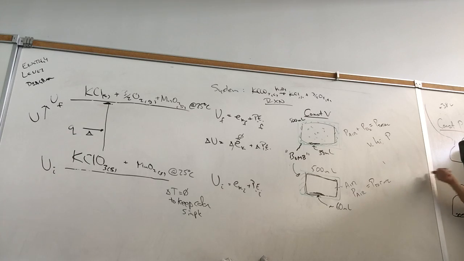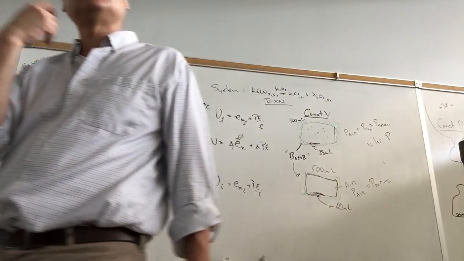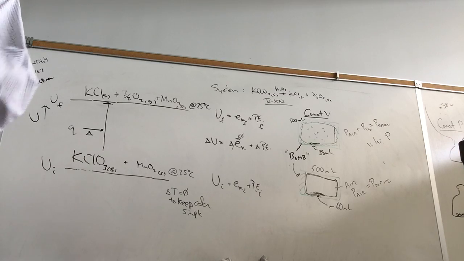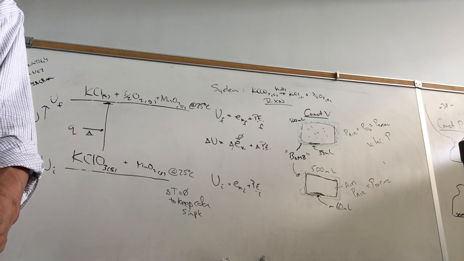Which one of these requires more energy to be input from the burner? This one. Constant pressure is going to require more energy input than constant volume. And so this is why this stuff is important, because we can do it either under constant pressure or constant volume, and the energies are going to be different. And so we've got to keep track of this so we get the right energy calculated.